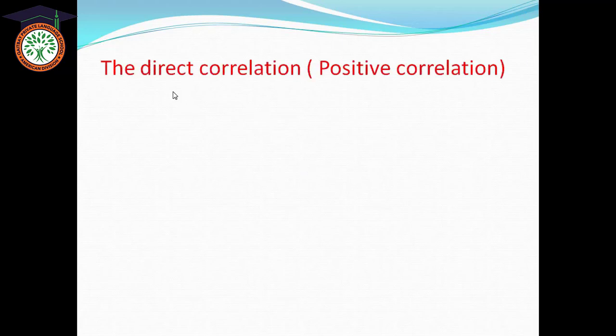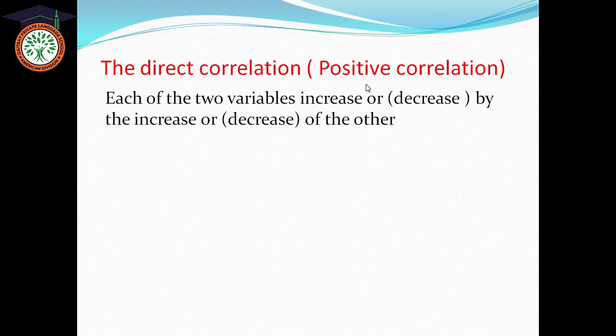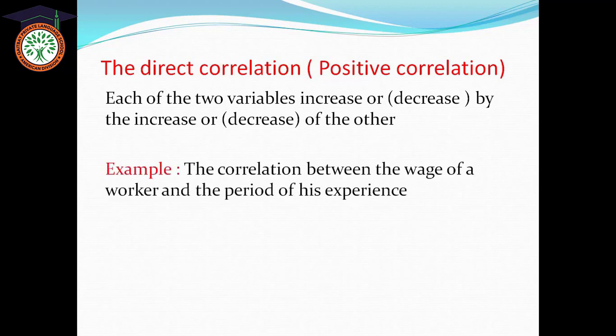First type, the direct correlation, or you can call it positive correlation. In this type, each of the two variables increases by the increase of the other, or each of the two variables decreases by the decrease of the other. Let's see an example. The correlation between the wage of a worker and the period of his experience.